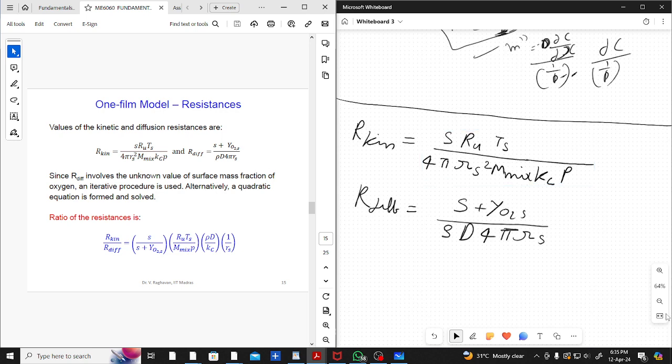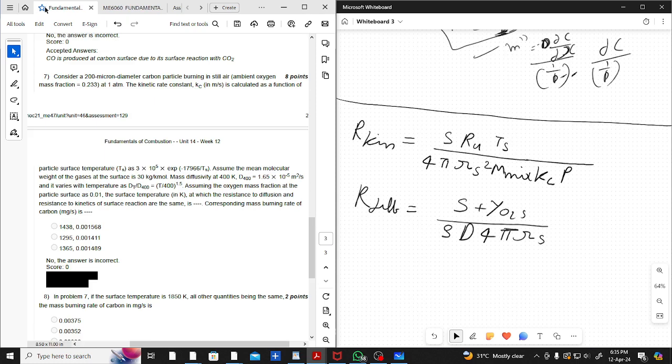First you find the surface temperature, then you find the mass burning rate of carbon that they are asking. This will give you the mass burning rate of carbon. You only need to equate this. So okay, I will solve this.